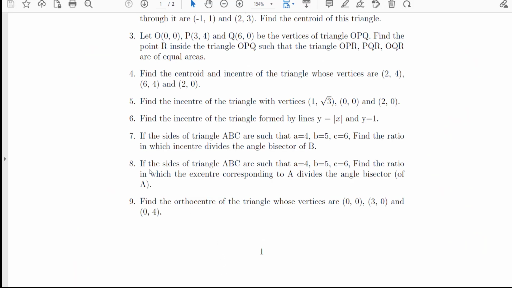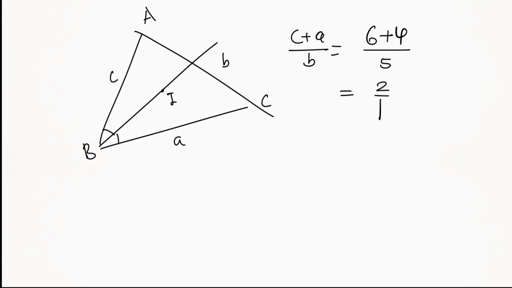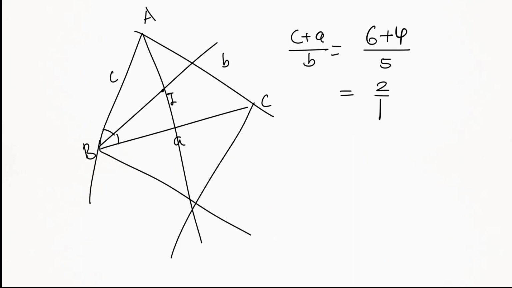Next one is also similar. If the sides of triangle ABC are such that A is 4, B is 5, C is 6, find the ratio in which the excentre corresponding to angle A divides the angle bisector of A. Okay, so here I think the triangle is the same, only ABC. So what we can do here, this excentre, this point, will divide in what ratio?